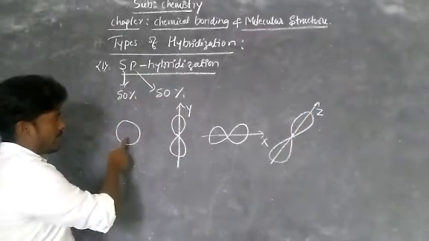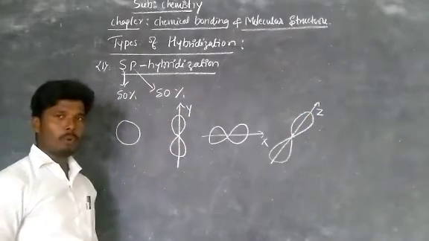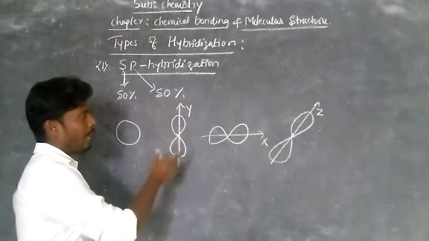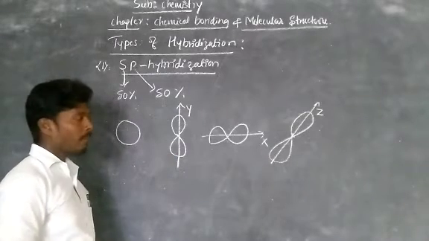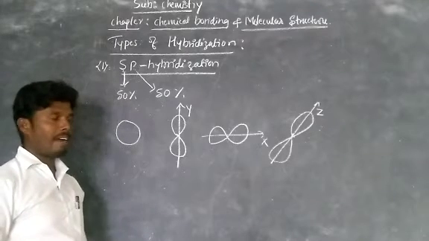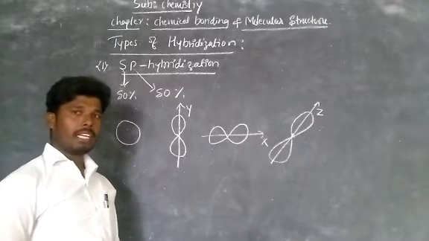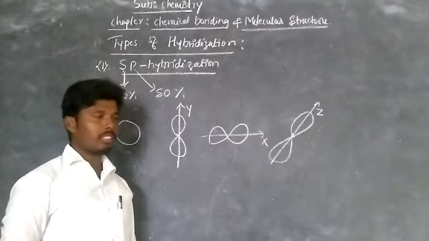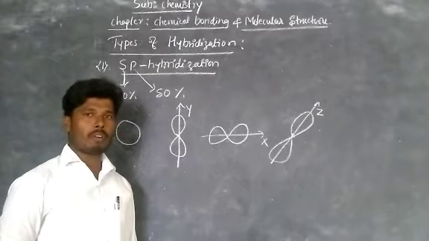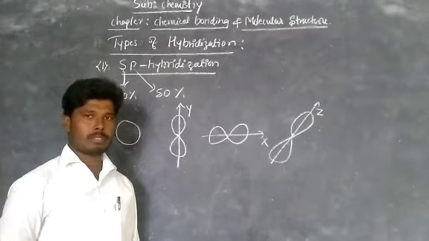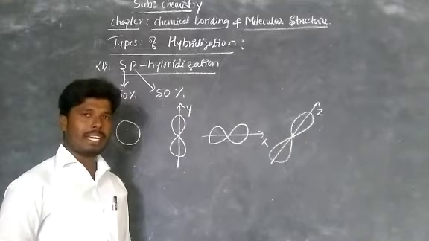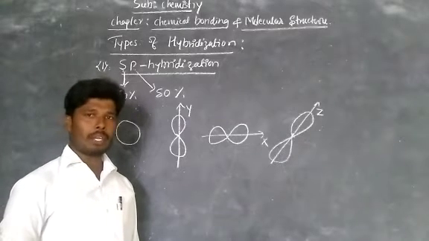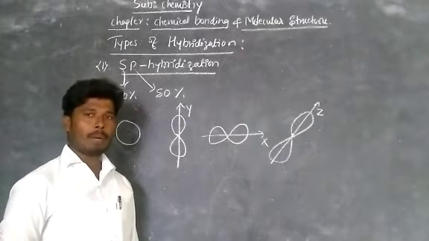Now these s and p orbitals overlap together to form an sp hybrid orbital. The sp hybrid orbitals have the same energy and are involved in the hybridization, and they make a strong bond with neighboring hybrids. The sp hybrid orbitals decide the geometry or shape of a molecule.